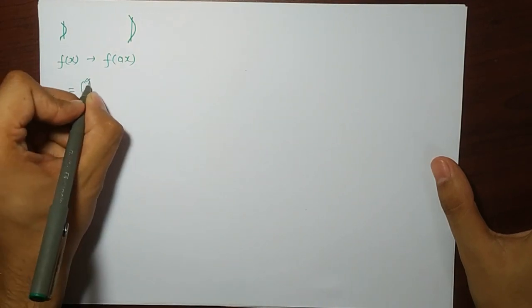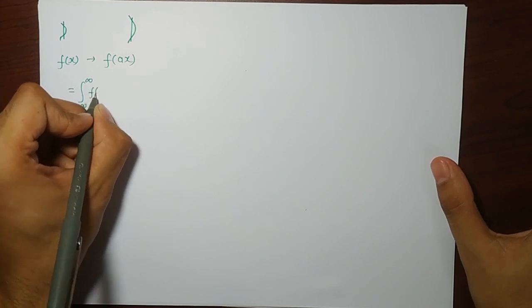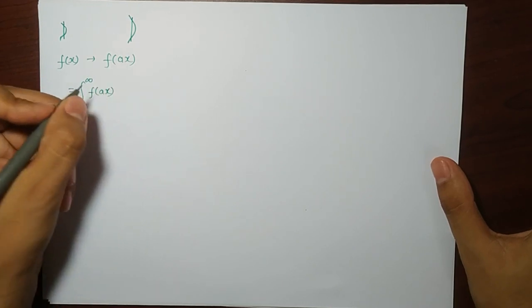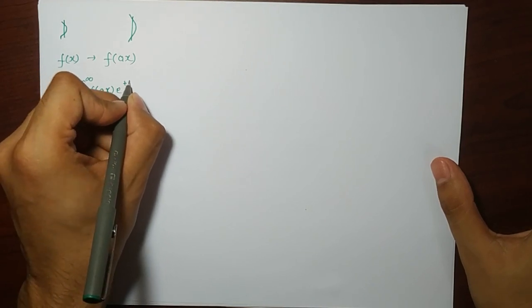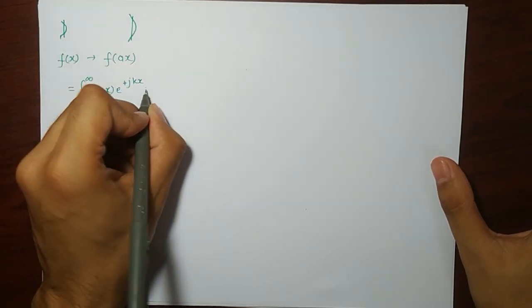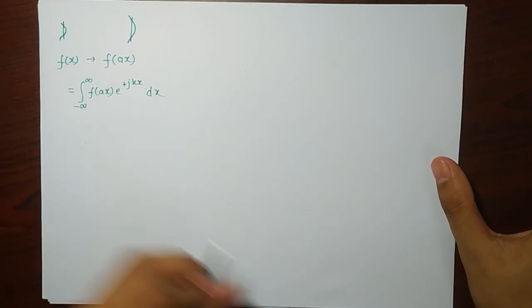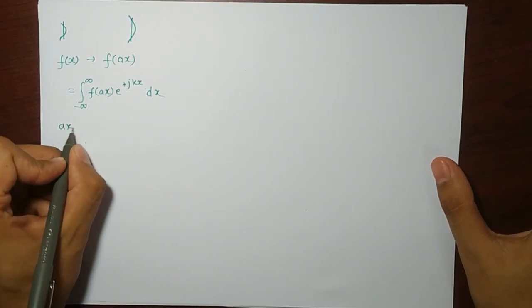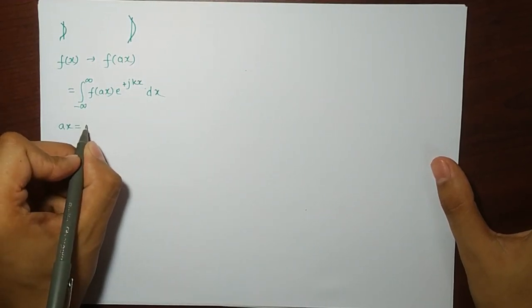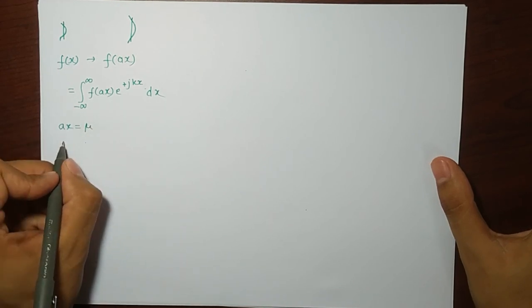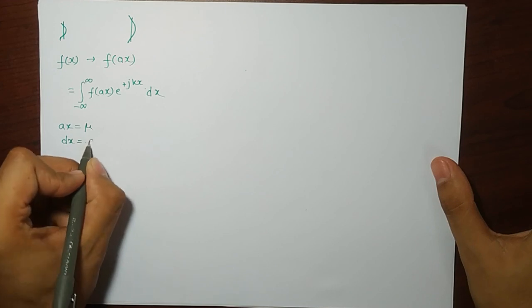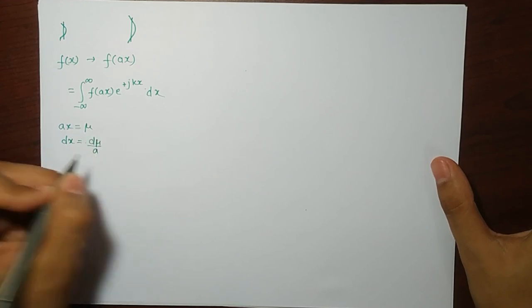This time the formula would be the integral of f of ax, e to the power plus i k x, dx. Now we replace ax equals, let's say, mu. Then I'll have dx equals d mu by a.